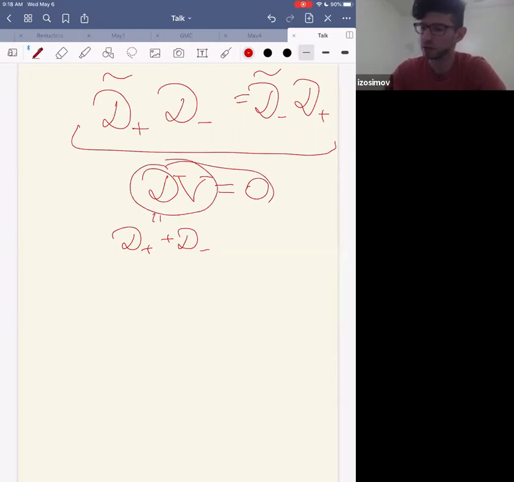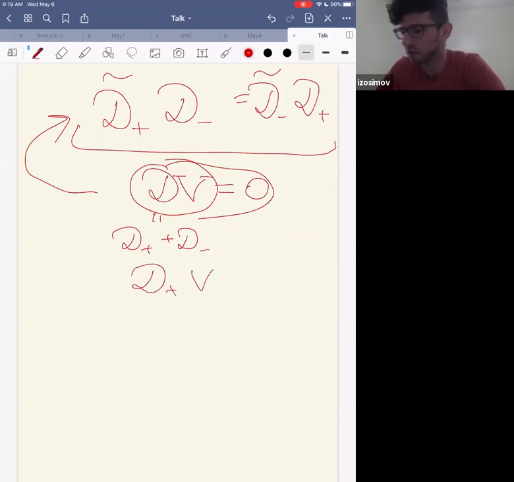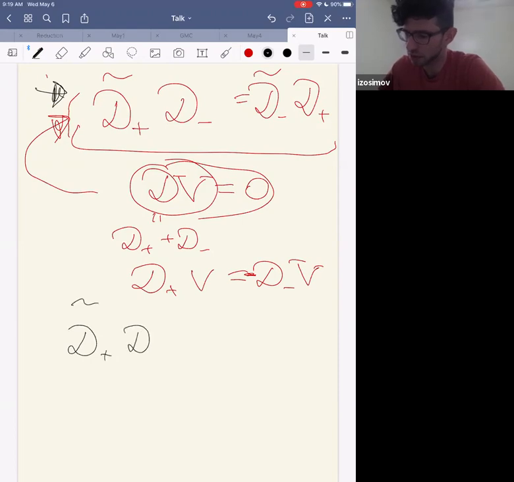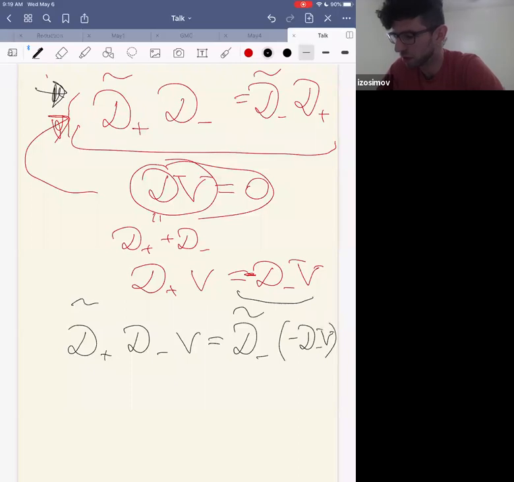So let's use this relation Dv is 0 in our equation. Well, because Dv is 0, we have that D plus v is equal to D minus v with a negative sign. So now consider this equation on difference operators and apply both sides of this equation to v. If we do that, we get that D plus tilde D minus v is equal to D minus tilde D plus v, but we know that D plus v is negative D minus v.